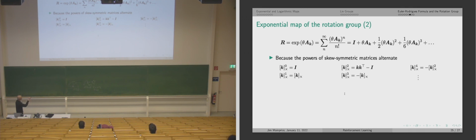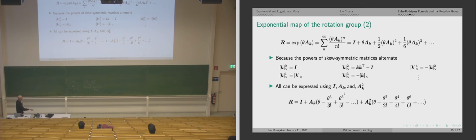For 2, the square of a skew-symmetric matrix has this form. And then 3, it's already alternating, so we get the negative of 1, and so on. Meaning that we can rearrange the terms using only A, k, and A squared. So we get that the rotation matrix is like that.